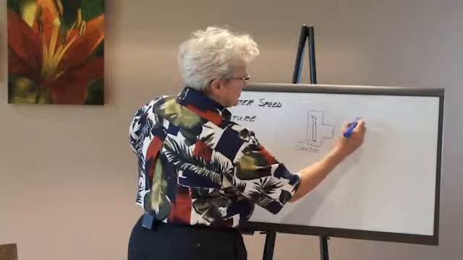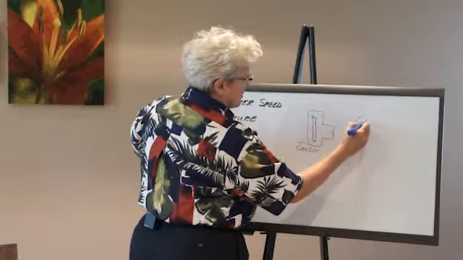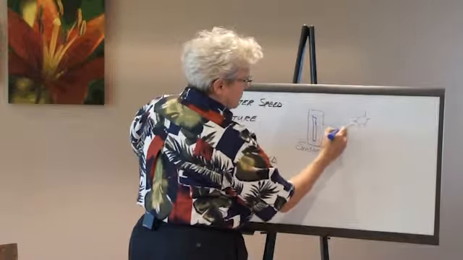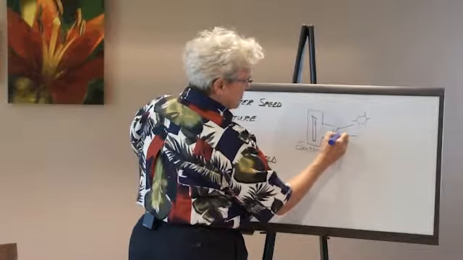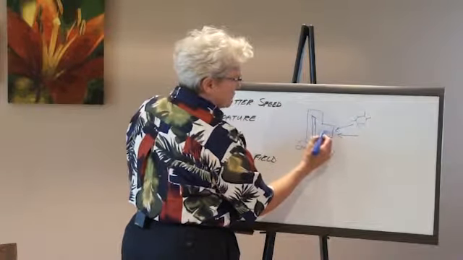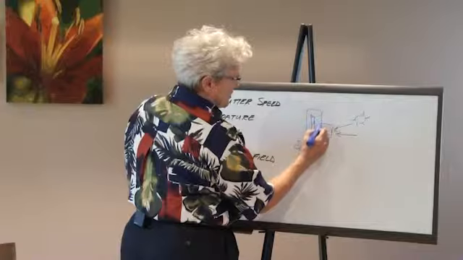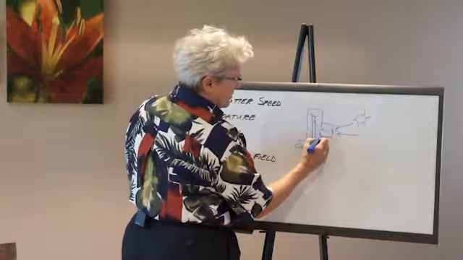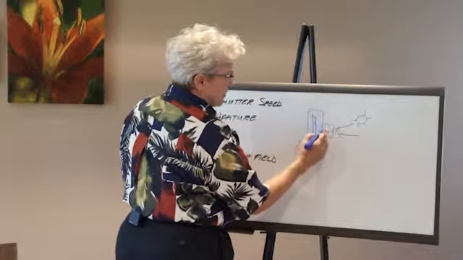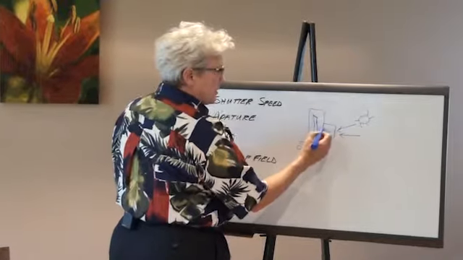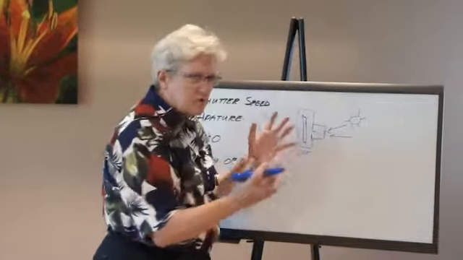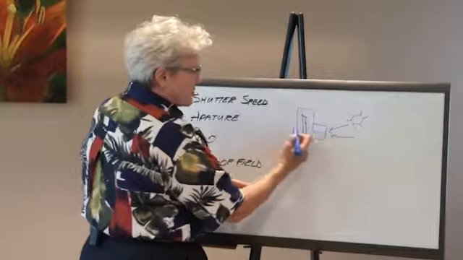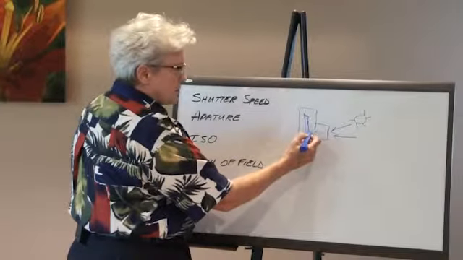Now, what happens is we've got sunshine coming in here, or light. And we've got that coming in from all directions. And that light travels through something right here. And right here is called the shutter. Now, depending upon how fast that opens and closes is how much light will come through and hit this sensor.